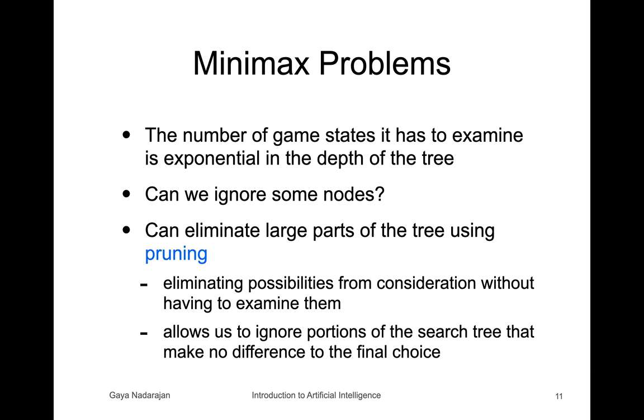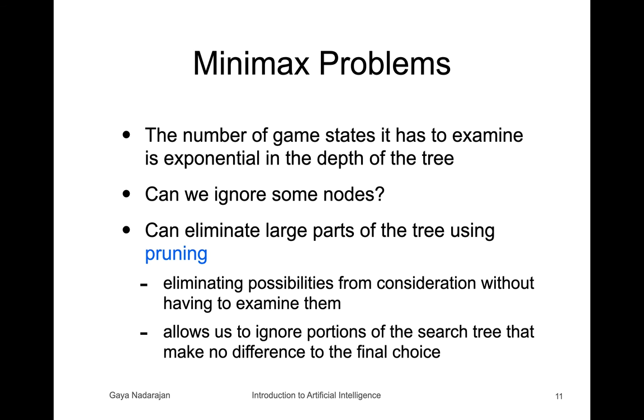So can we actually ignore some of these nodes, right? Because if we have to traverse through the whole tree, but maybe some of these nodes are dead ends, there's no point in going to some nodes, right? Because it's never going to give you a good outcome anyway.